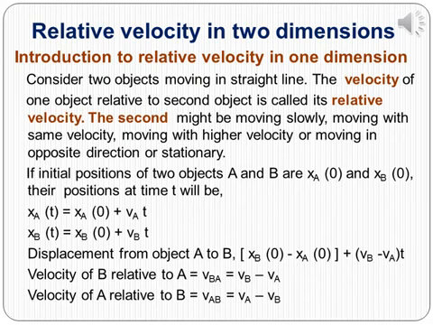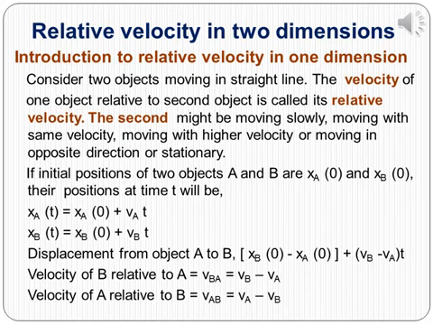xb0, their positions at time t will be xa(t) equal to xa0 plus va t and xb(t) equal to xb0 plus vb t.